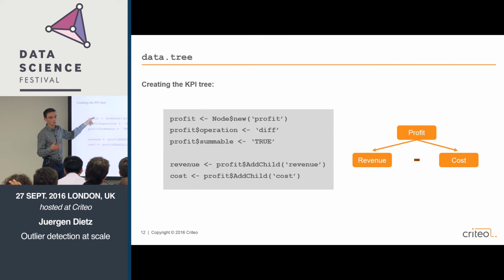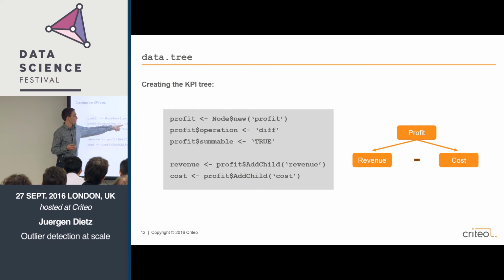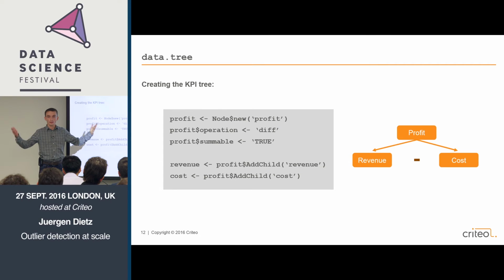And in this case, profit is the root element, right? And then you give it just the properties that you want it to have. So in this case, it has a difference property, which is the arithmetic relation there. And we also say it's summable, which means that if we want to go to a higher level in the hierarchy, we can just sum all of those numbers, right?